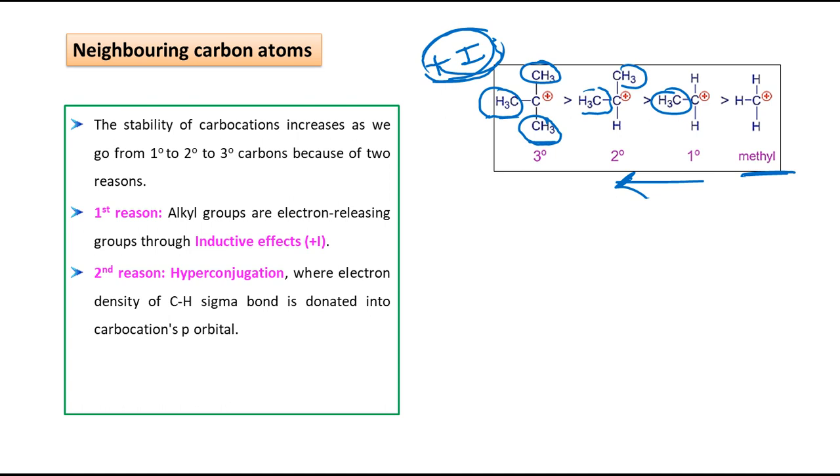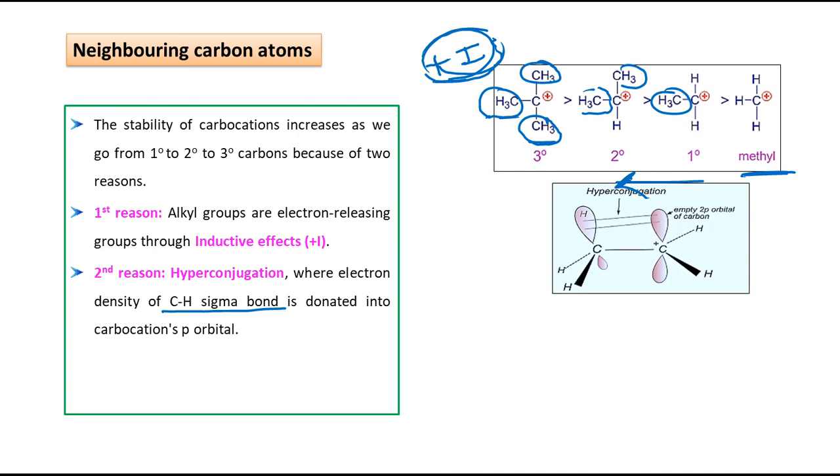And there is another reason, which is hyperconjugation. Hyperconjugation is donation of electron density from the carbon hydrogen sigma bond that is present at the alpha position of the carbocation. So this electron density from the sigma bond will be donated to the vacant orbital of the carbocation.